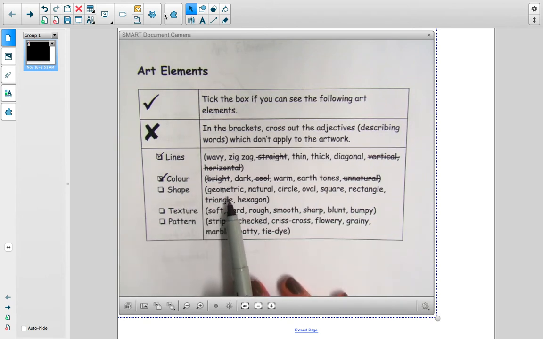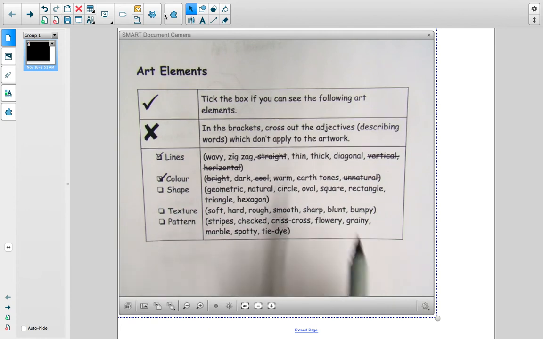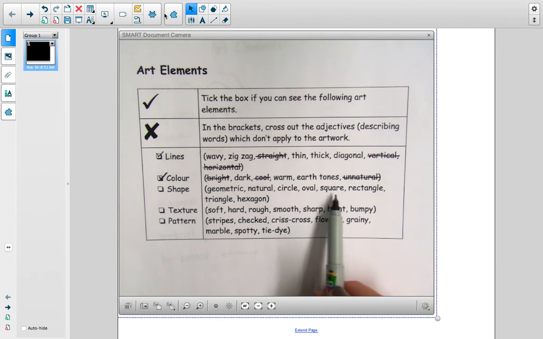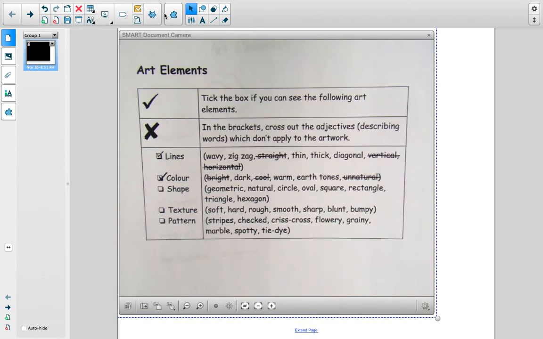Okay? And then we look at the shapes. So geometric shapes, we can see those in nature. We can see those by ones that have been created, such as circles, ovals, squares, rectangles, triangles, hexagon. So if you think of the insects you studied last year, how many legs do the insects have? They have six.